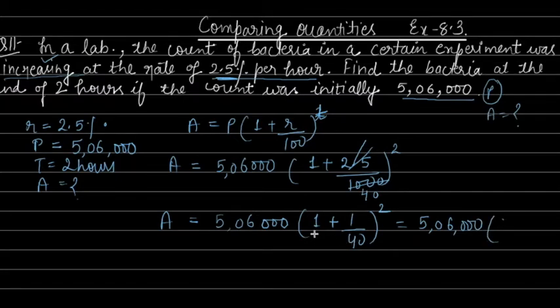If you take the LCM, this will be 40, plus 1, 41 upon 40 squared, correct? So let's solve it further. Amount will be 5,06,000 into 41 upon 40 into 41 upon 40, right?